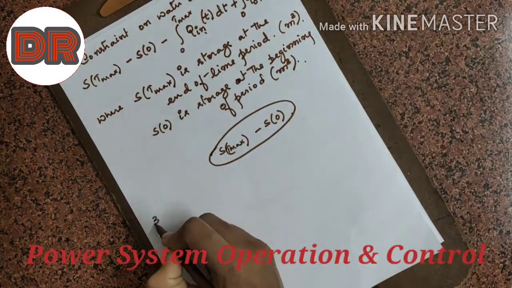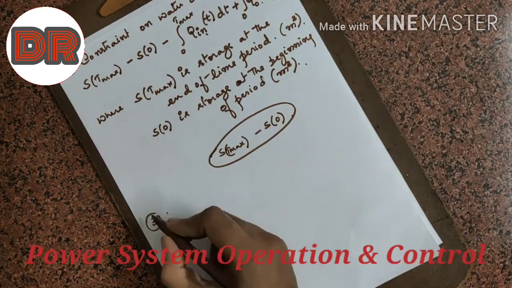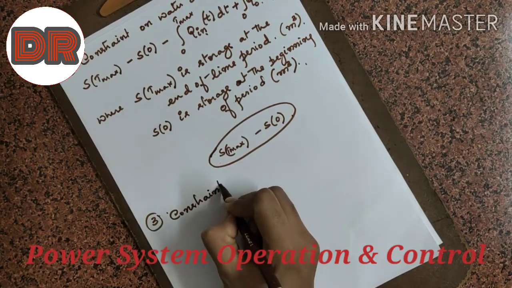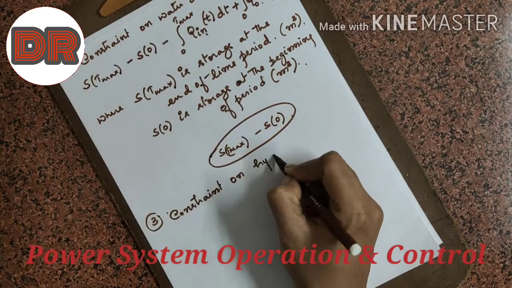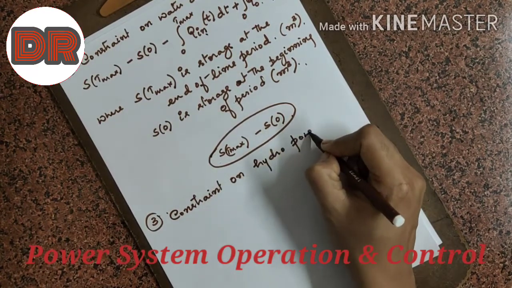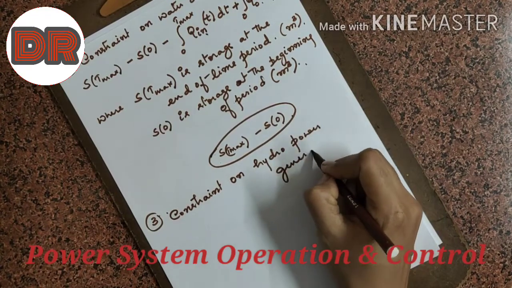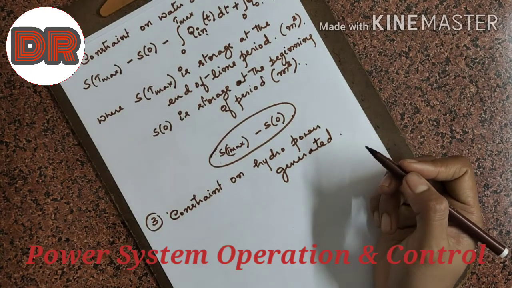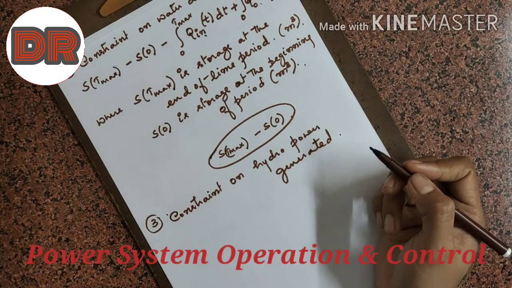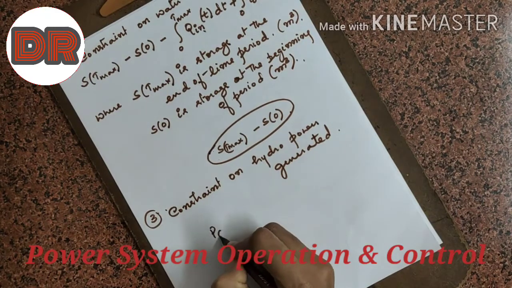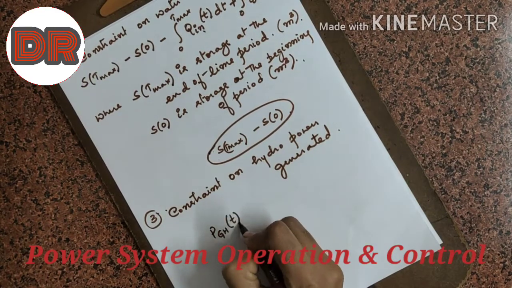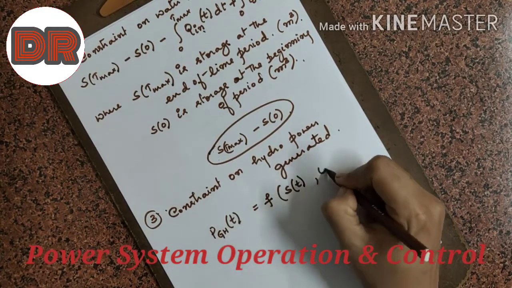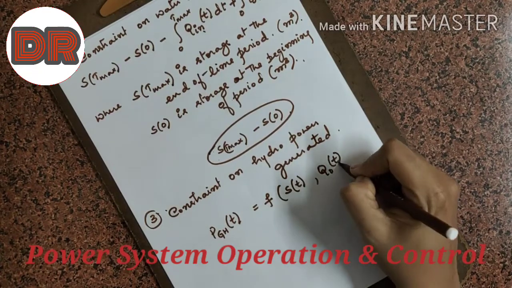And the third constraint what we can write is constraint on hydropower generated. So since here the water reservoir storage also has to be considered, the Pgh can be written as a function of both, that is S of t and the discharge, that is Q of t.